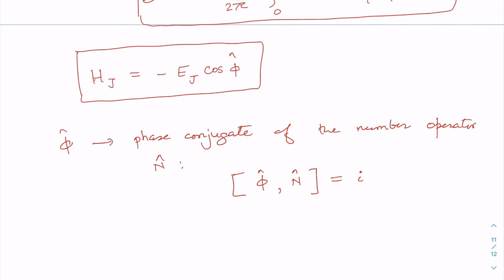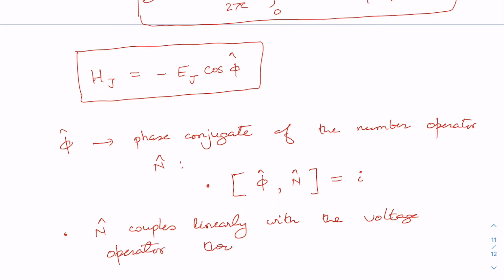Now this commutation relation can be used along with another fact: suppose this n couples linearly with the voltage operator through the Cooper pair charge 2e.